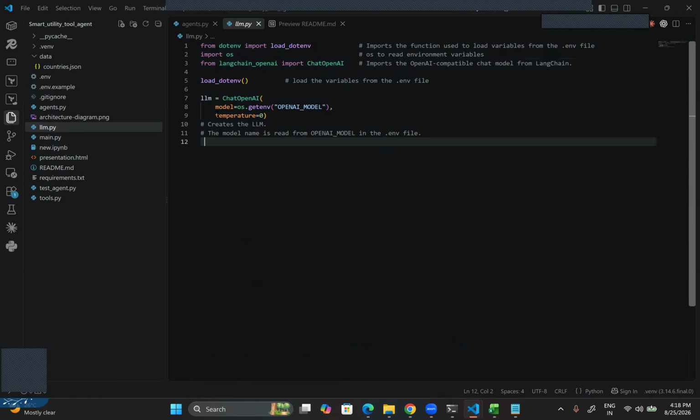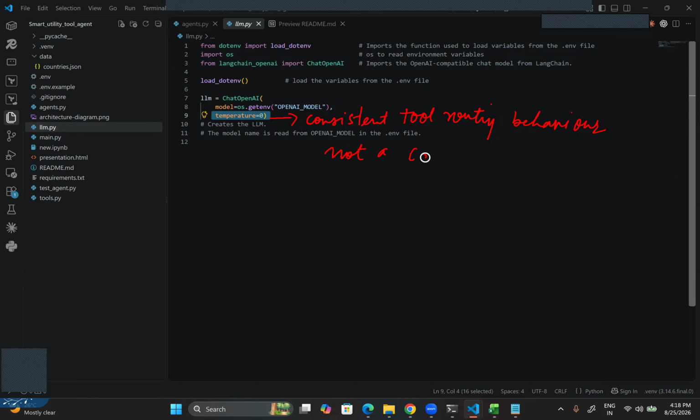If you focus on this, temperature equal to 0 that I have set, as I was telling you about deterministic, this is what deterministic means: I want consistent tool routing behavior, not creative variation. This is what it means.